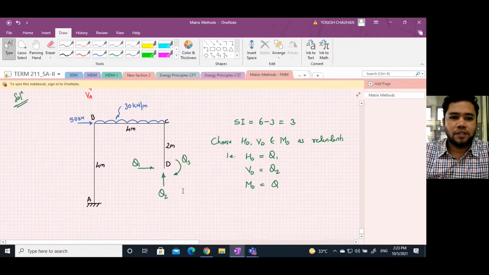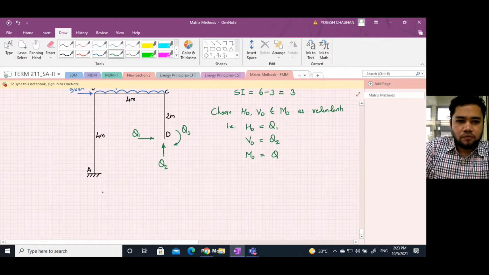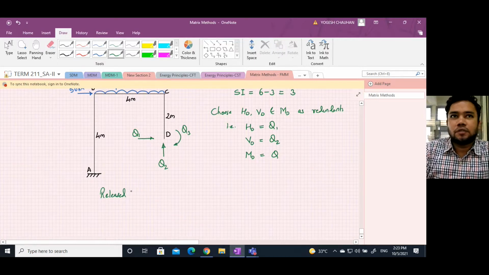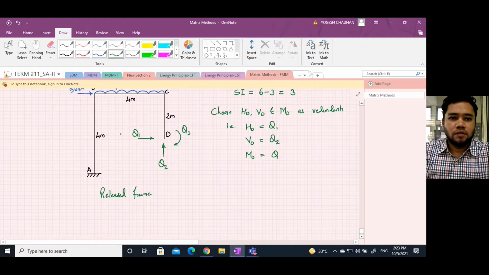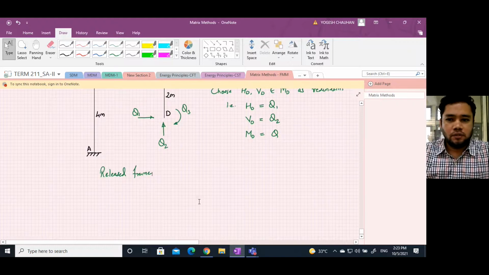So this is our released frame, because now this is a determinate one. There were 3 extra unknowns. We have removed those 3 unknowns and applied redundants corresponding to them.